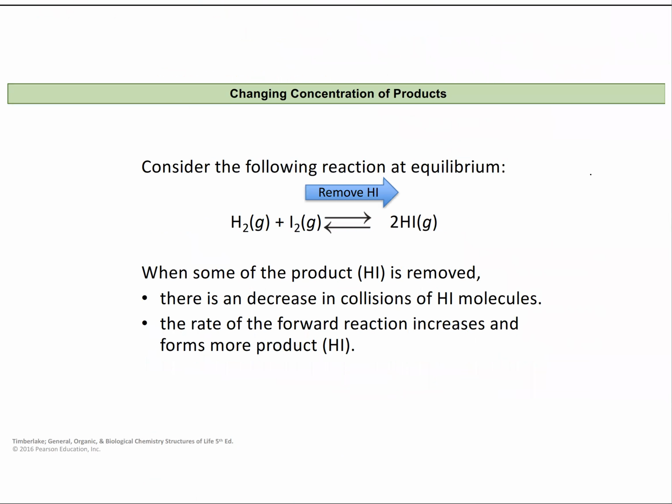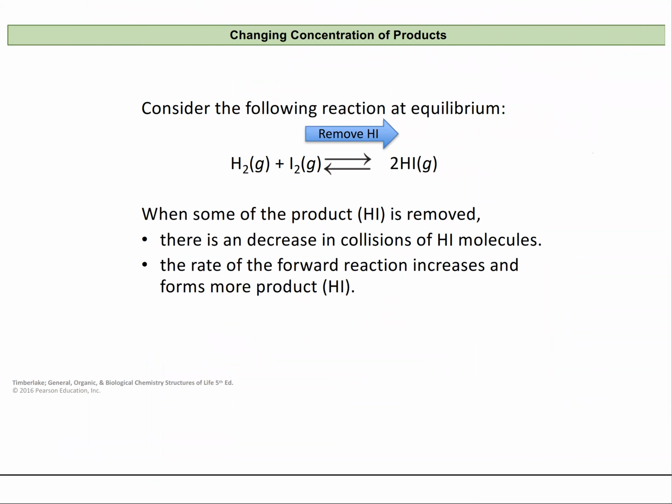And if we decrease hydrogen iodide, if that concentration is now lower after it's been at equilibrium, then we're going to need to form more of those products in order to reestablish equilibrium. So in this case, we're going to see a decrease in the reverse reaction, because we have less of our products able to collide and form reactants.